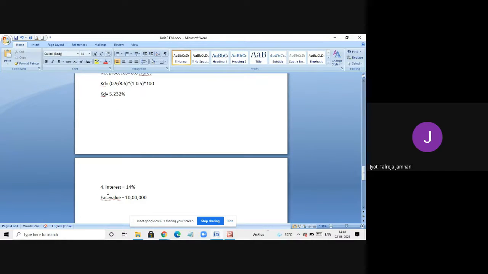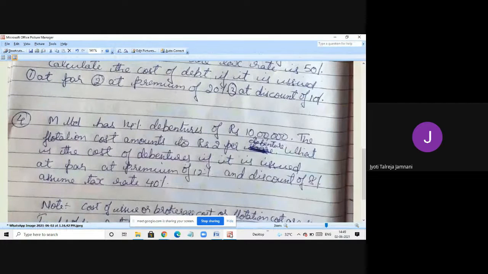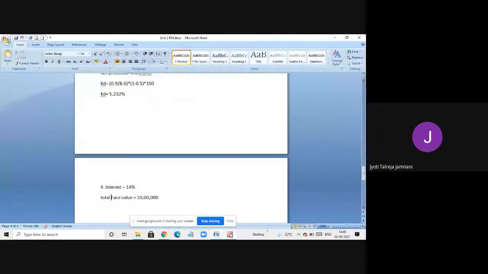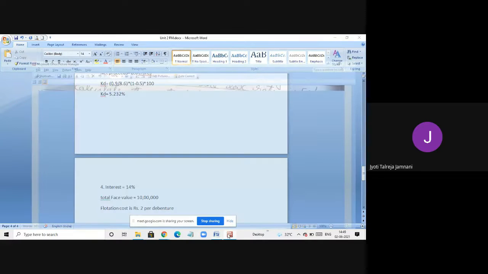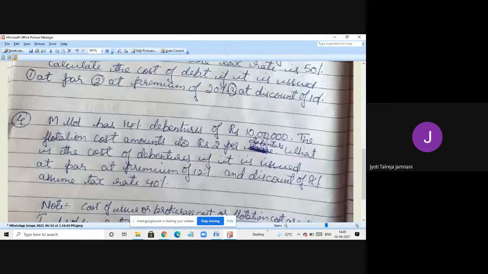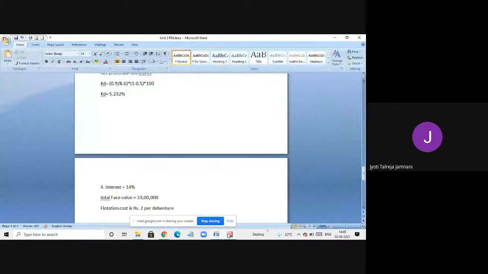This is the total face value for all the debentures. Then they've said the flotation cost amounts to rupees 2 per debenture. So this is the cost of issue. What is the cost of debenture if it is issued at par, at premium and discount? Tax rate is 40%, so we'll write down the tax rate.